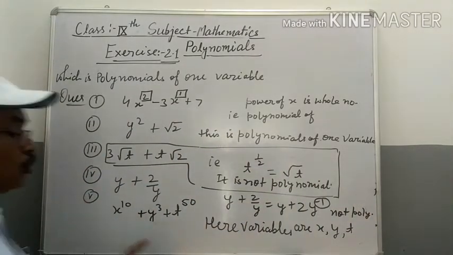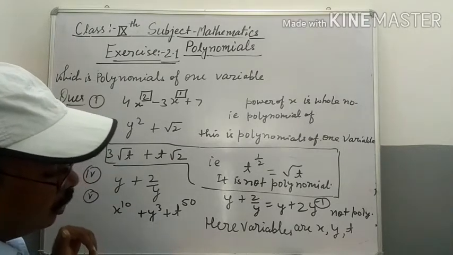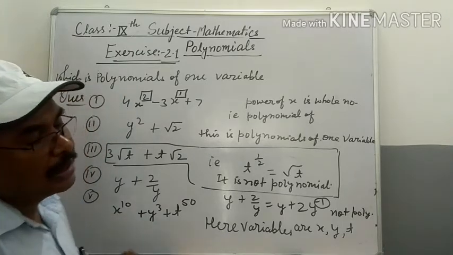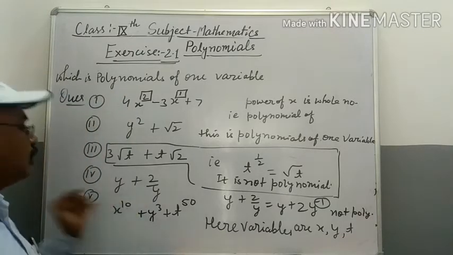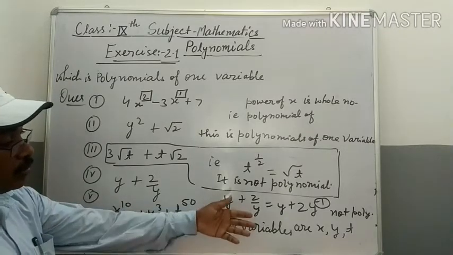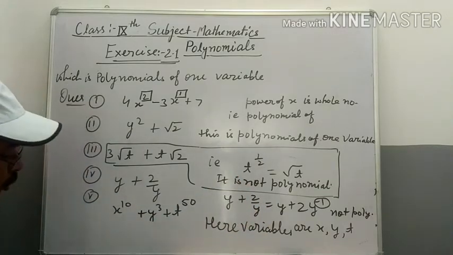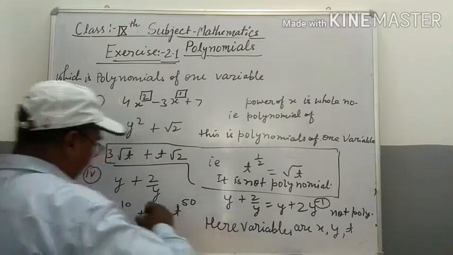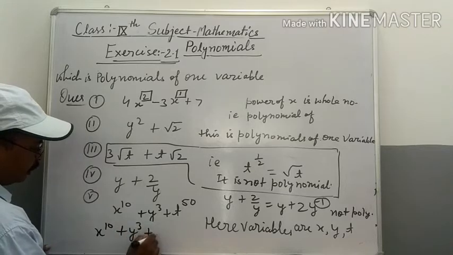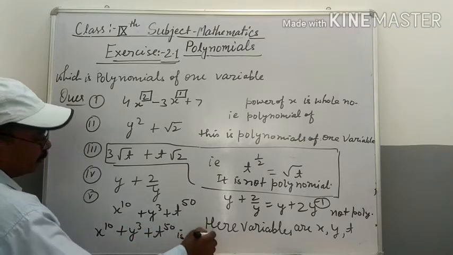While we have already defined a polynomial in x, an algebraic expression of x, the power of x is a whole number. It means only one variable. But here the number of variables is 3, x, y and t. So it is not a polynomial. You can write x to the power 10 plus y to the power 3 plus t to the power 50 is not a polynomial.